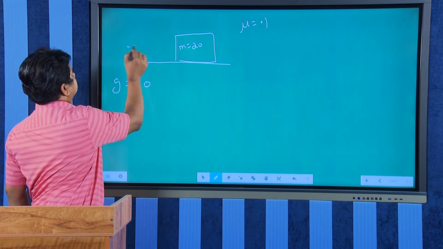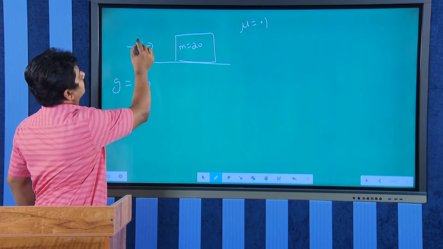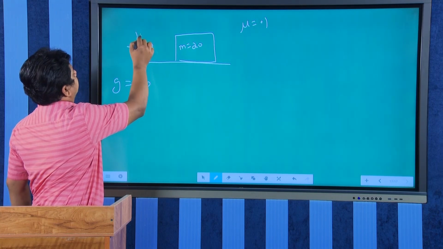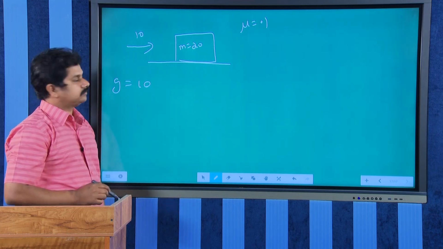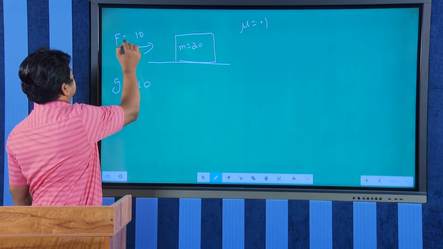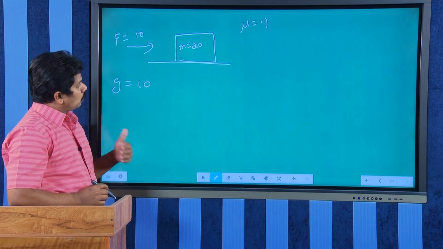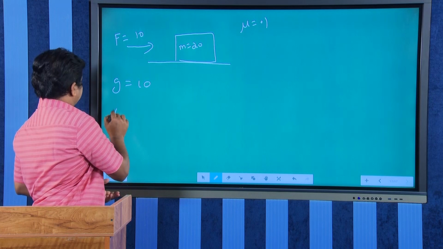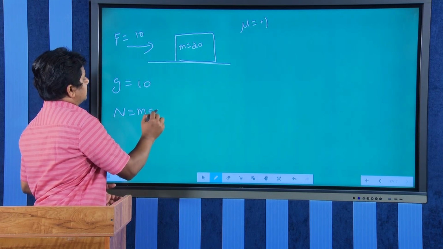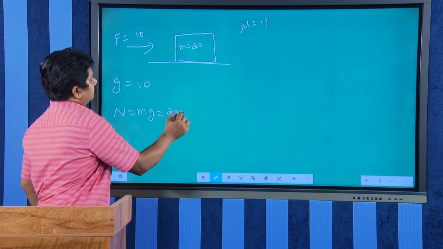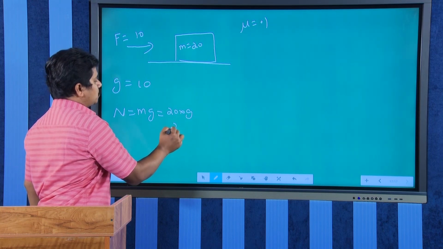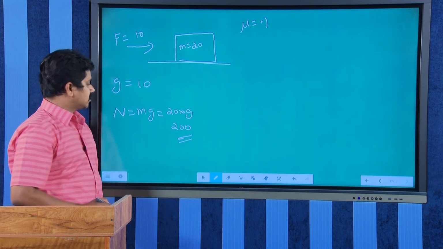Now, the applied force is 10 Newton. What is normal reaction? N is mg itself, that is 20 into g, so you will get 200 Newton as the normal reaction.